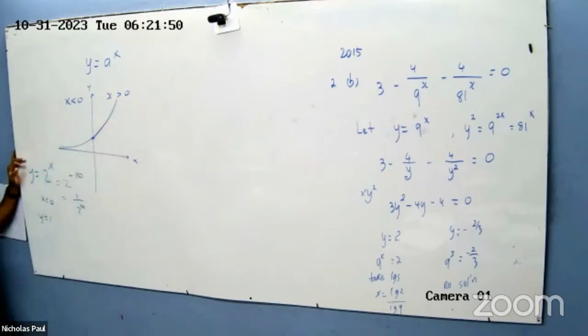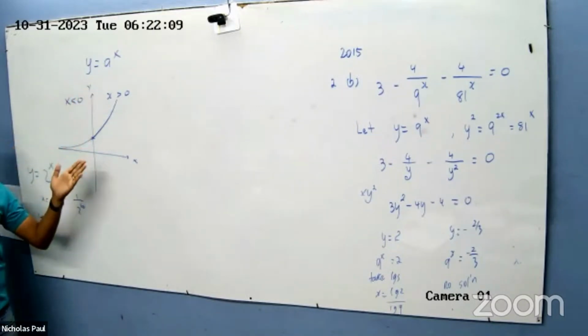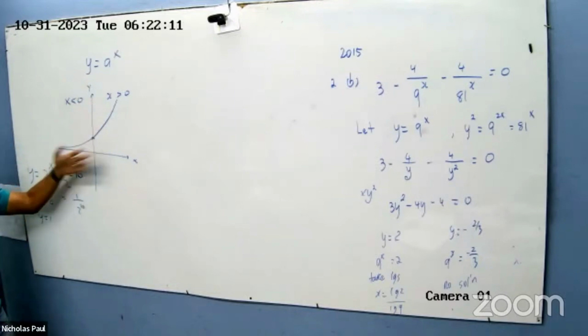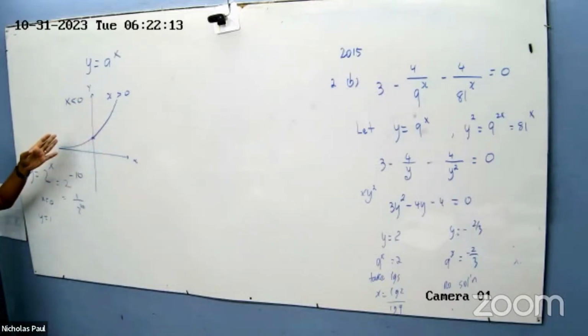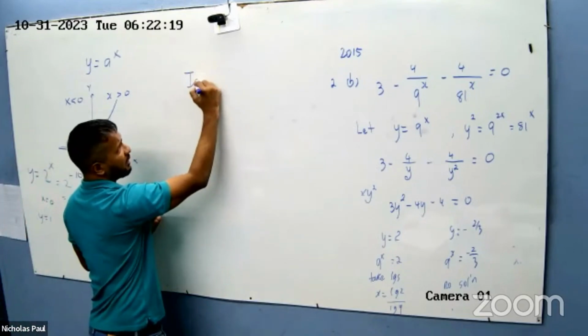So what you have there, that's it. That's the general graph for y is equal to a to the x. If a is 1, it generally looks like this. If a is 2, it looks like this. If a is 3, it looks like this. Okay? And there's a special function.